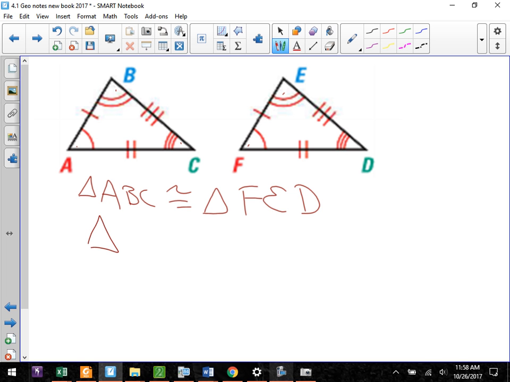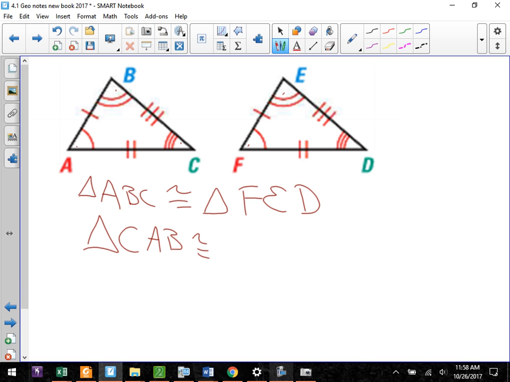Now, what if I said this? What would CAB have to match up with? DOB. See how that works? Everybody see how that works? It doesn't matter where you start, but the lettering order has to match. That's what we talked about, this whole idea of what's called a correspondence. They have to match up within their tick marks.